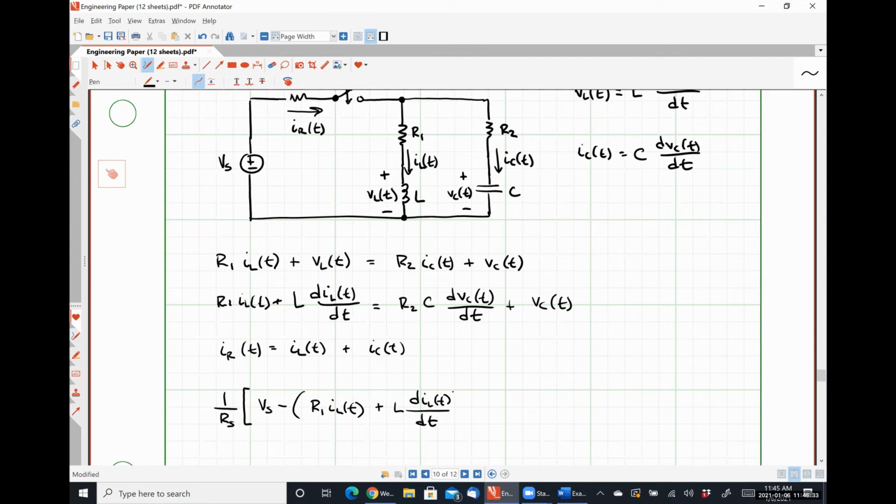So that is our resistor current is equal to IL of t plus C dV by dt.